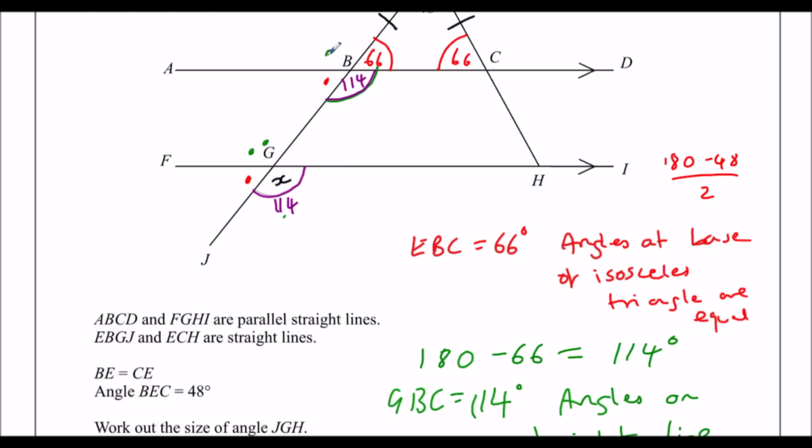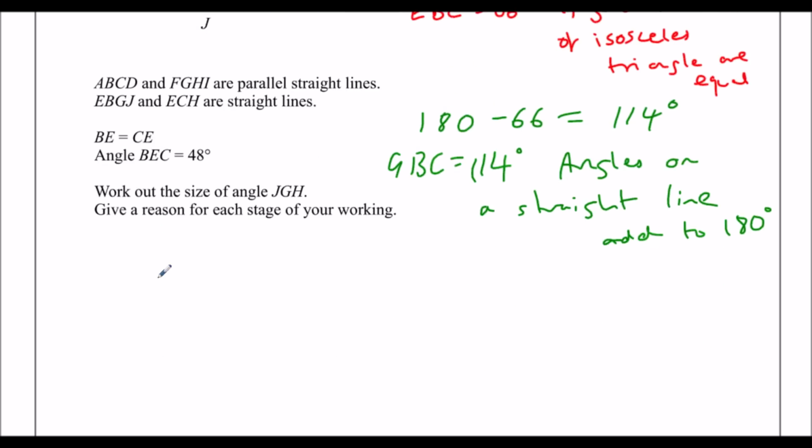This angle and this angle are exactly the same. They're corresponding angles. And this 66 degrees is also 66 degrees here because those two are corresponding angles. So our angle is 114 degrees because corresponding angles are equal.